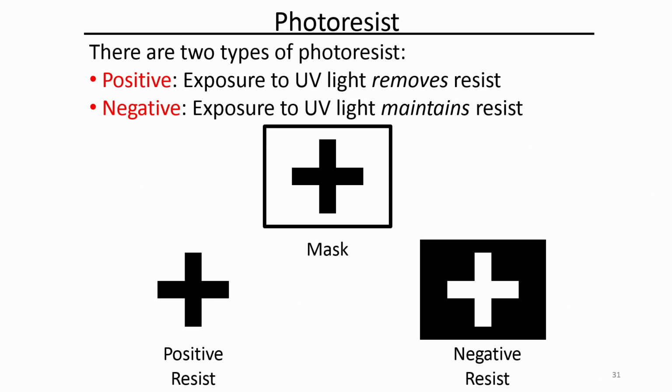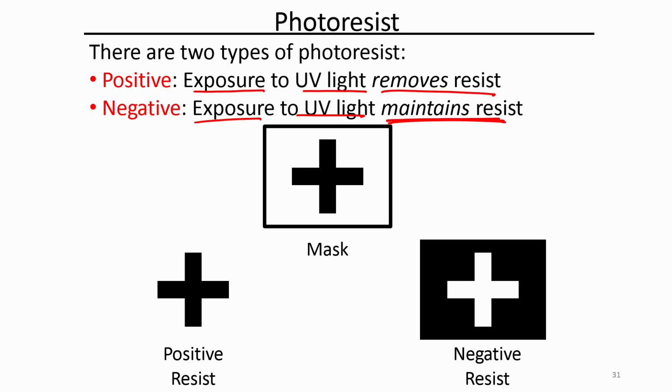So, like I said, when you talk about photoresist, photoresist are two types. One is positive photoresist, that is exposure to UV light removes the resist, or exposed region becomes weaker, correct. Negative photoresist, exposure to UV light maintains resist or the exposed region becomes stronger.